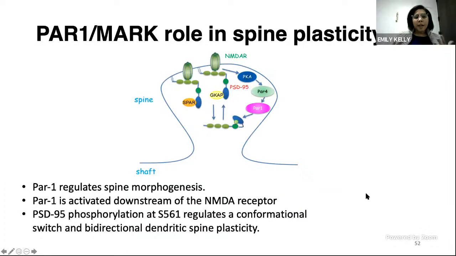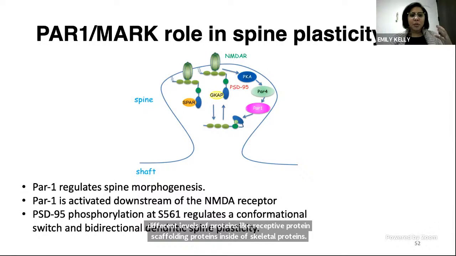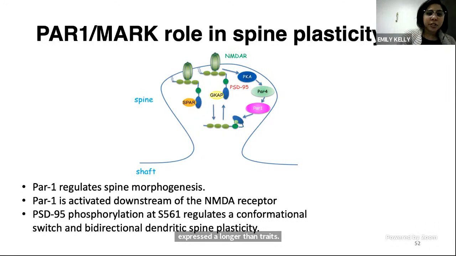Why do we care about these proteins? Dendritic spines are really important for the formation of memory. If any of these proteins fail, we're going to see changes in the plasticity of the dendritic spines and in cognitive functions such as learning and memory. One of the proteins that has been linked to neurological disorders such as bipolar disease and autism is PAR1C.